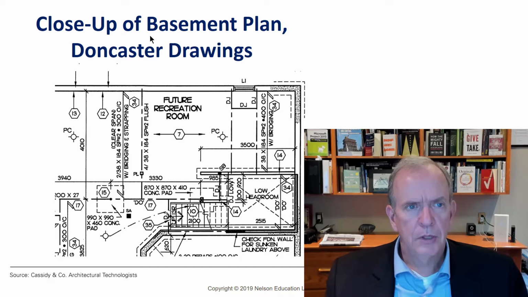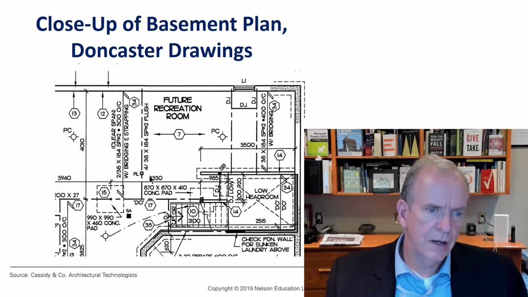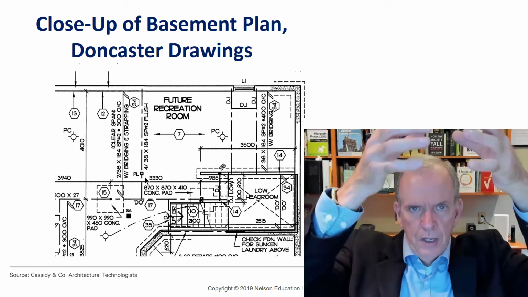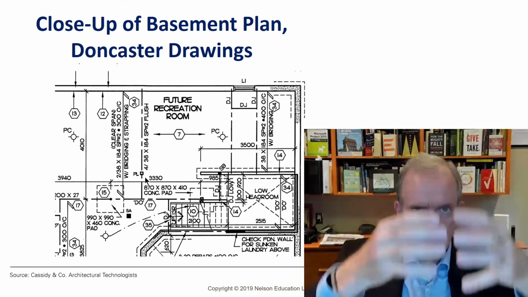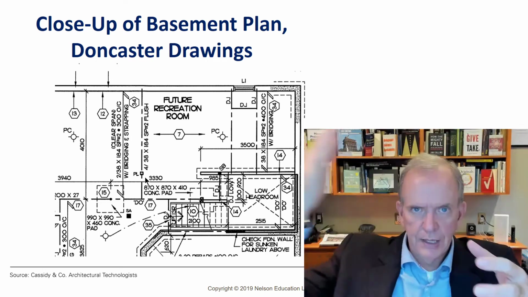So we'll take a couple of little close-ups of the Doncaster drawings from your textbook here. So this is where we've got a 4-ply beam coming across, and then the load transfers below. There's a point load above here, which means there's a post that's coming down that's supporting a lintel over top.